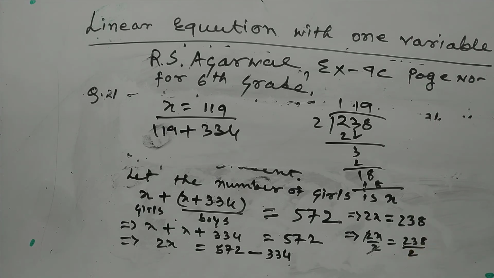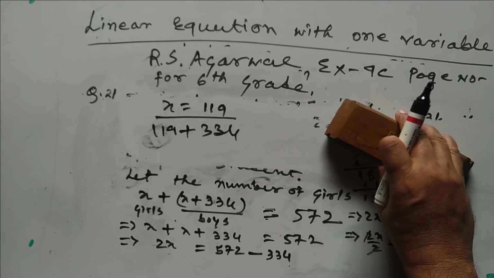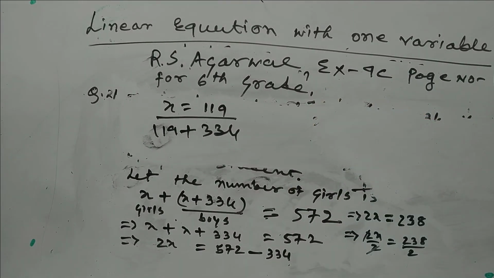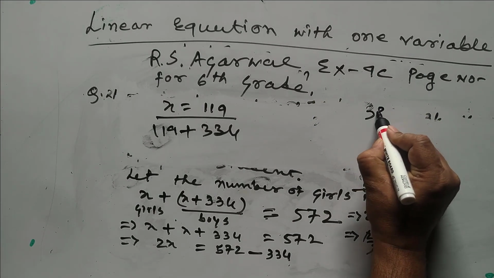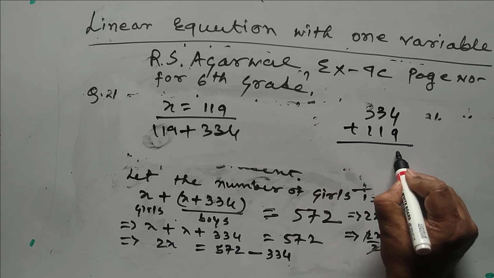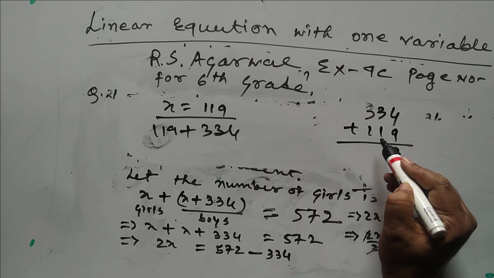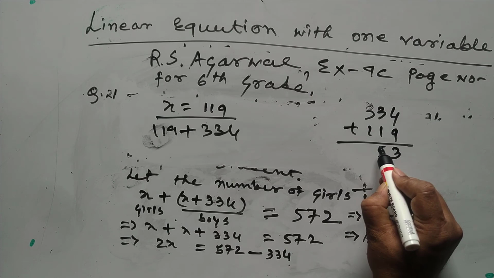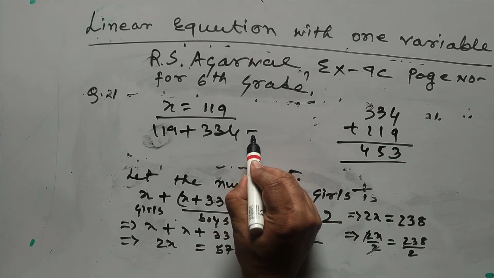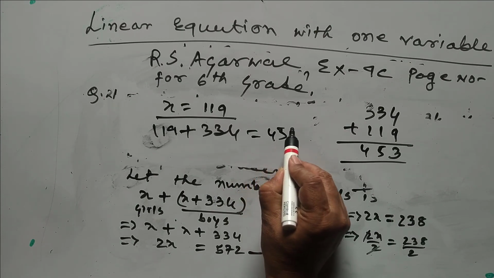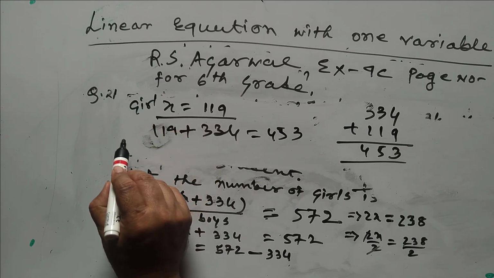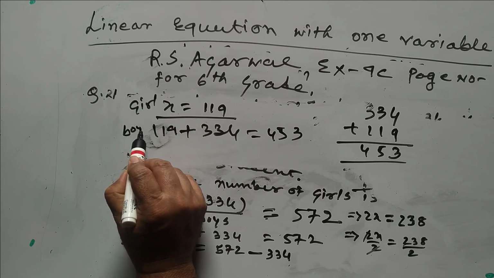So what is the number of boy students? 334 plus 119, 3, 5, 4, 453. The number of boy students is 453. That is girl students. This is boy students.